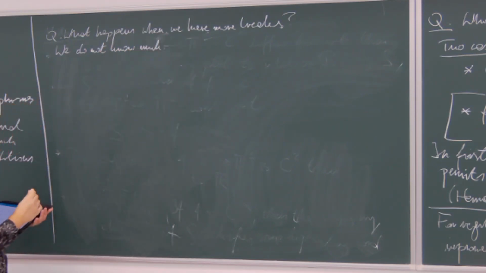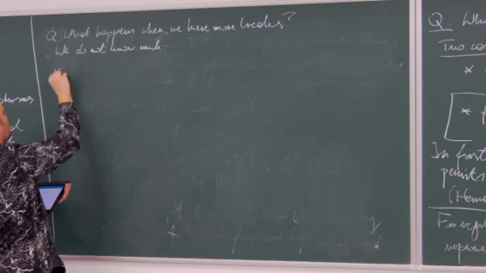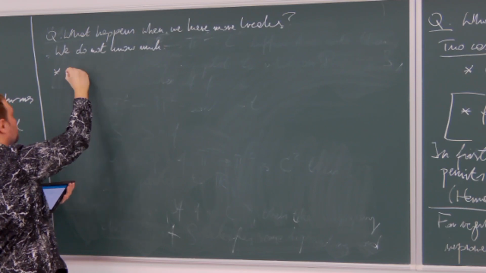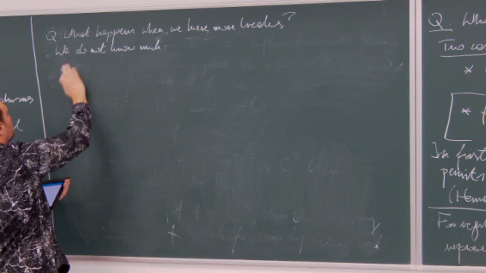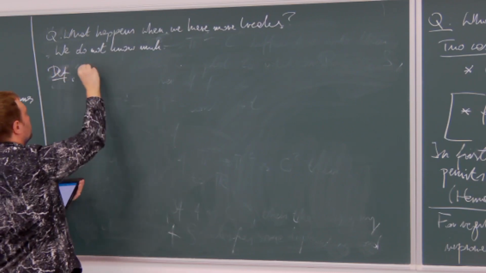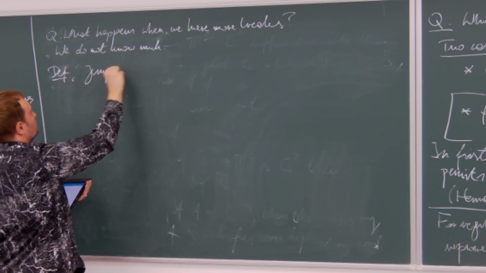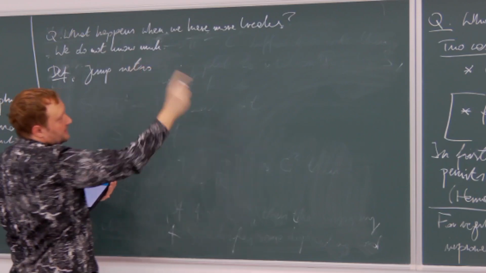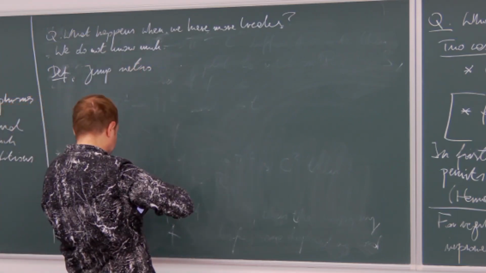But okay. So first I need to introduce some notation. So I will call a jump ratio. Definition: so we have a jump ratio. It's exactly what I wrote over there.